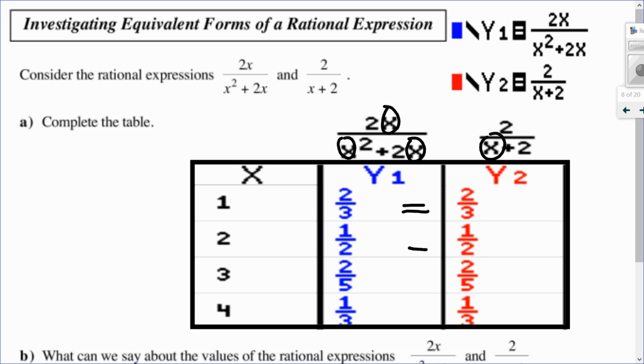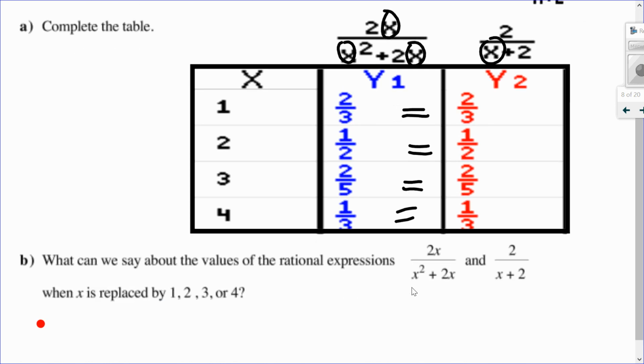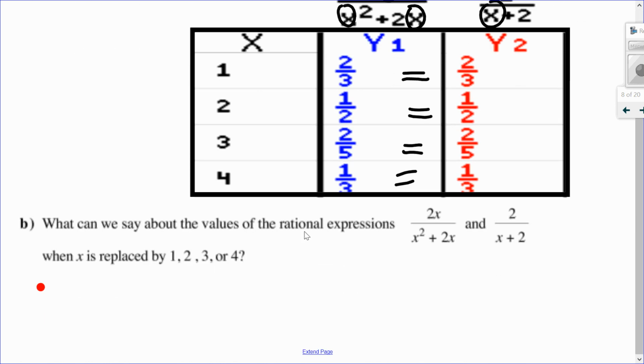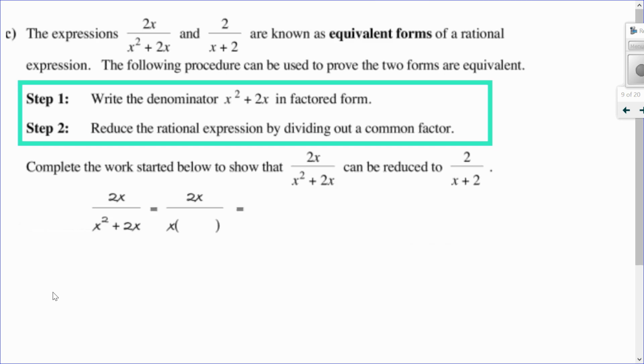Same thing happens when I do that for 2 and for 3 and for 4. So what I can say about all of these values of the rational expression when I replace x by 1, 2, 3, or 4 is that they are equal for every value, meaning these fractions are equivalent. These forms are known as equivalent fractions.